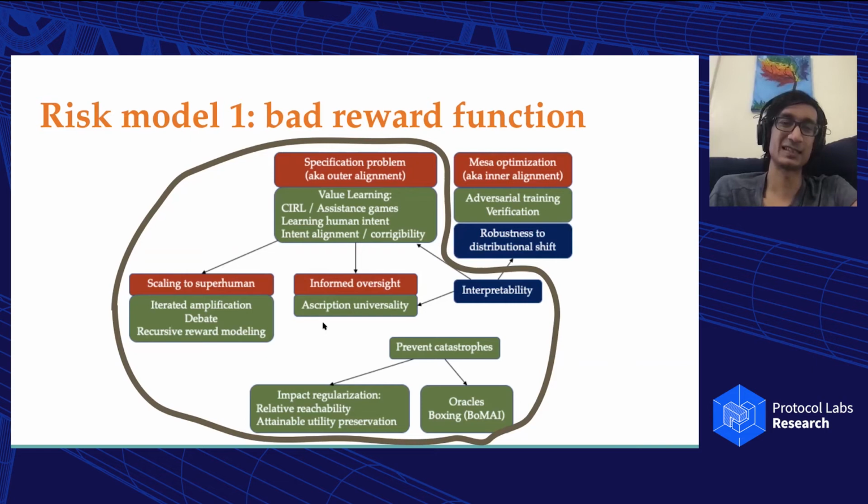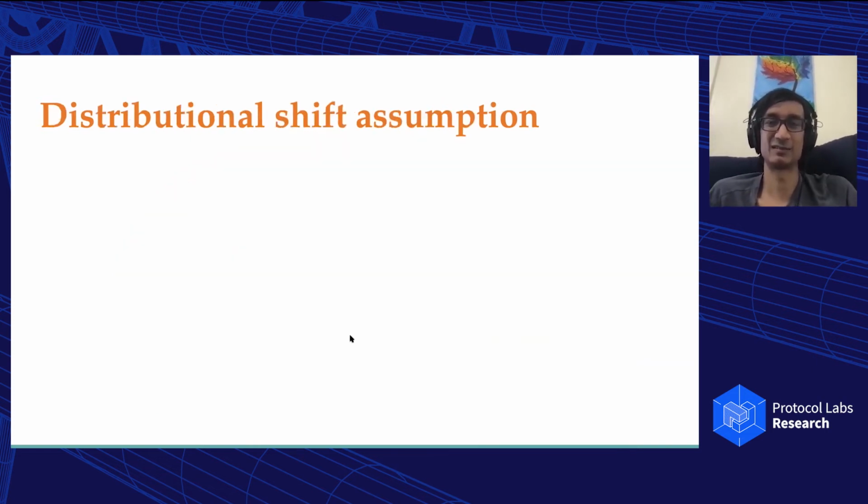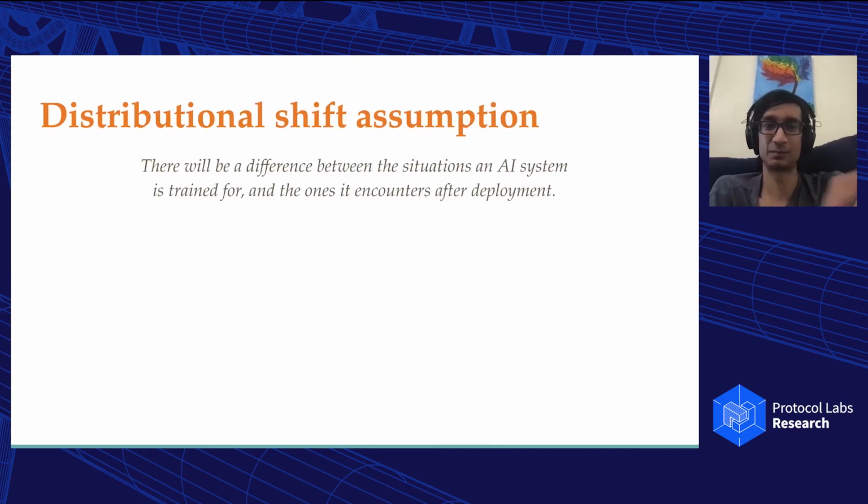But I'm going to mostly not focus on this one, and instead just assume this distributional shift problem. So the first part of this assumption, which is uncontroversial, is that there's going to be a difference between the situations that an AI system is trained for and the ones that it encounters after deployment. And I'm taking a very broad notion of distributional shift here.